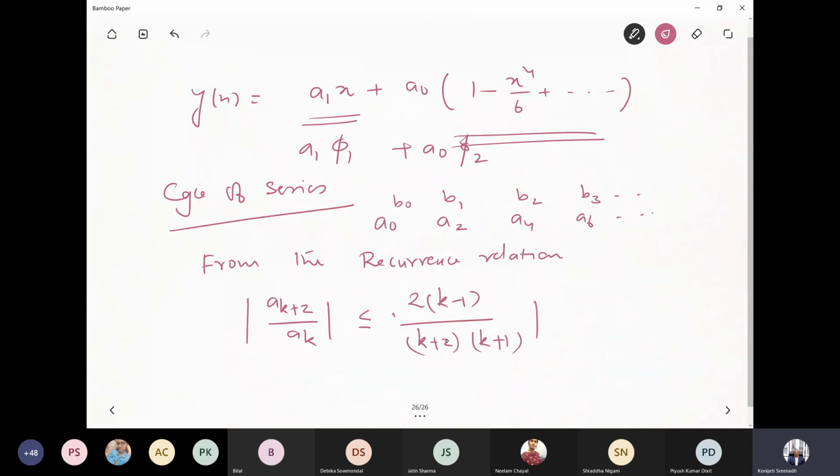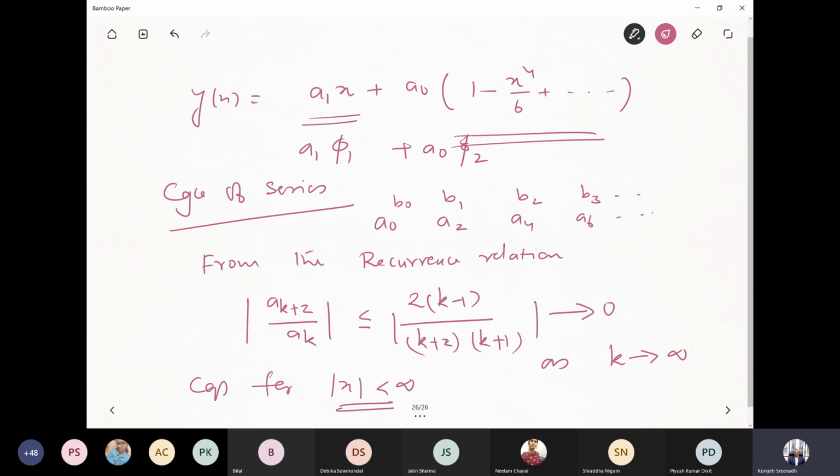So you see that this limit exists and is 0 as k tends to infinity. Therefore, by ratio test, the series converges for all x.